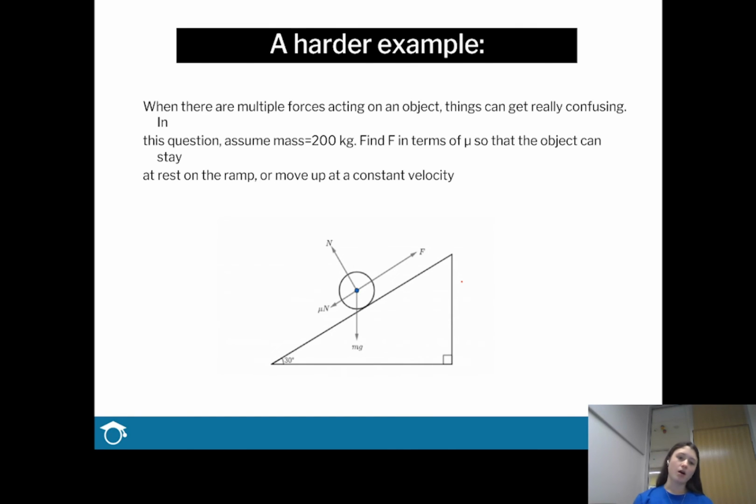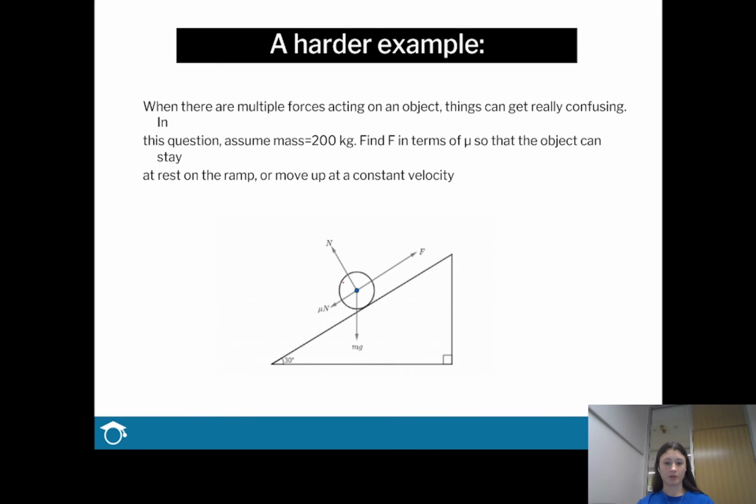This is a harder example. So this is if we have a mass of 2 kilos rolling down a ramp, and we need to find the force in terms of mu, so that the object can stay at rest on the ramp or move up at a constant velocity.